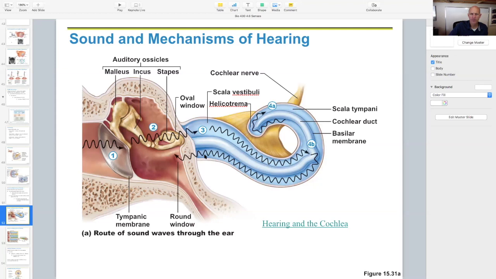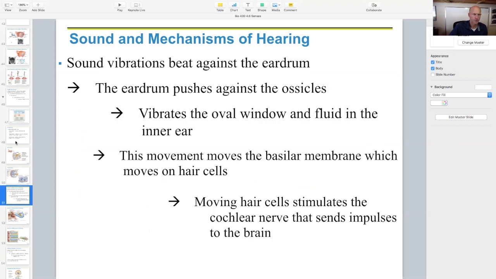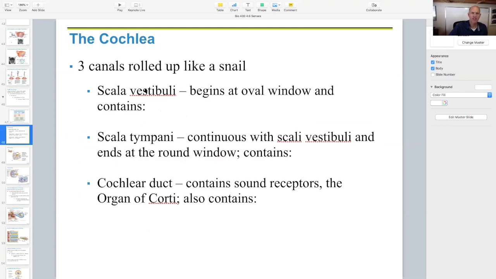And if you remember from the vestibular portion, the membranous portion had endolymph. Well, here we have this inner portion. This inner portion we call the cochlear duct, and the cochlear duct is filled with endolymph. So, scala vestibuli begins at the oval window, contains perilymph.